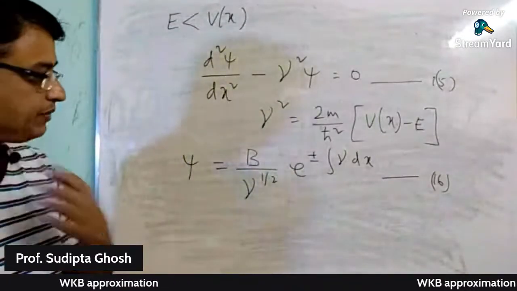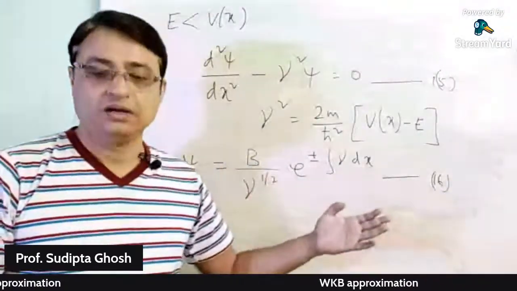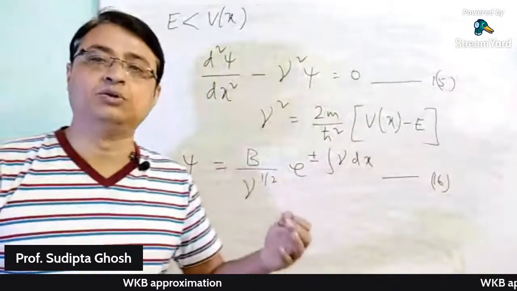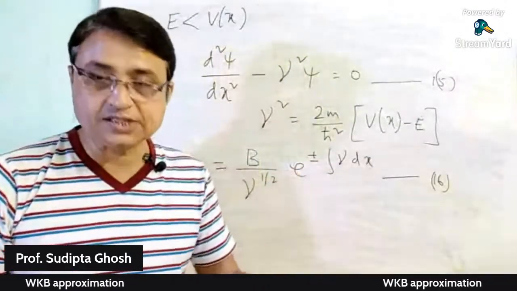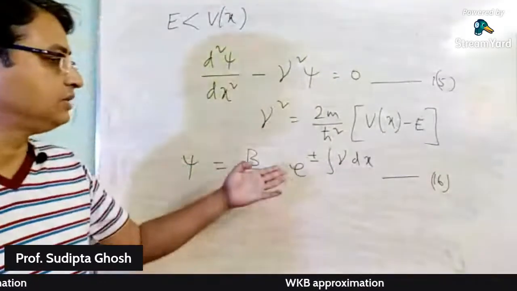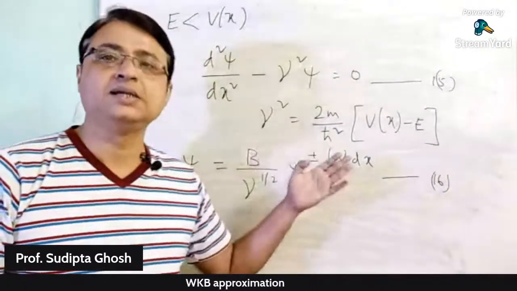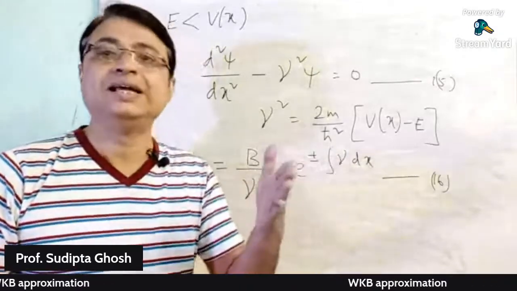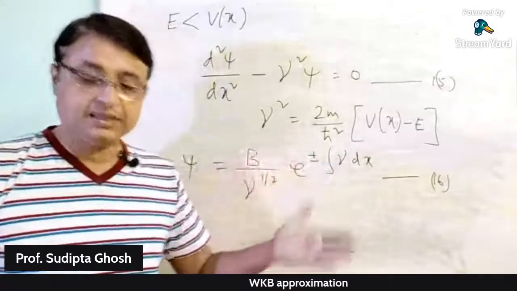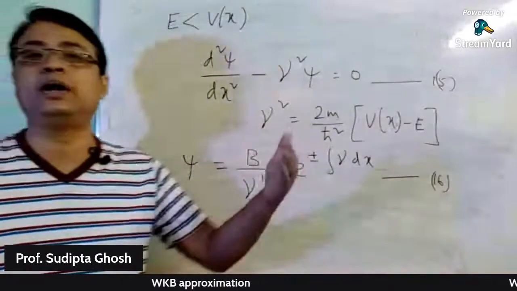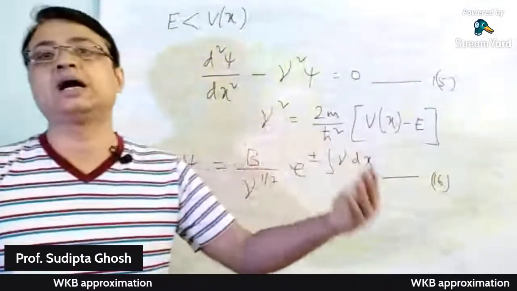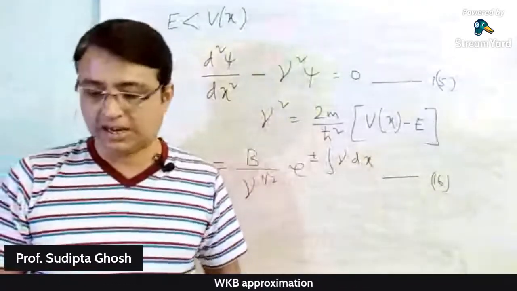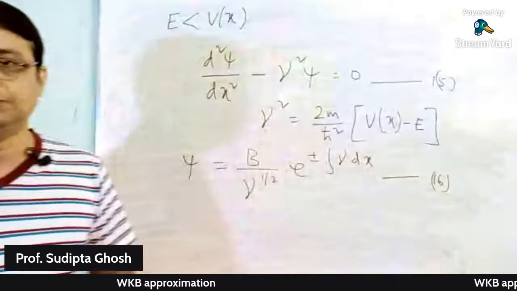One term is an exponentially increasing term, that is e to the power plus integral gamma dx, and the other term, e to the power minus integral gamma dx, is an exponential term with decreasing value, right?